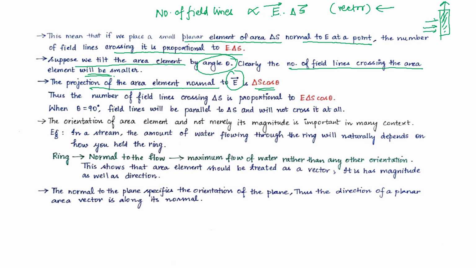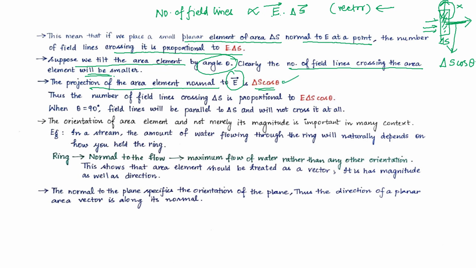So this has one projection over here and another projection over here. This projection is of no use. We will always take this projection. As this is a del S area, this projection will give us del S cos theta.